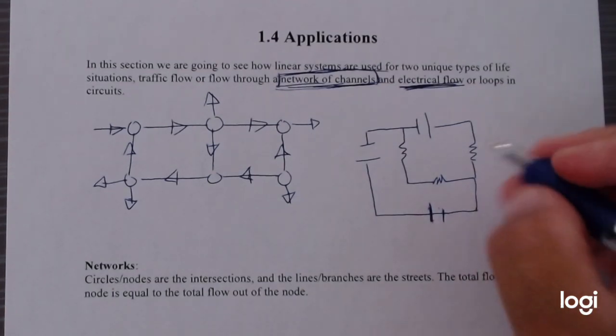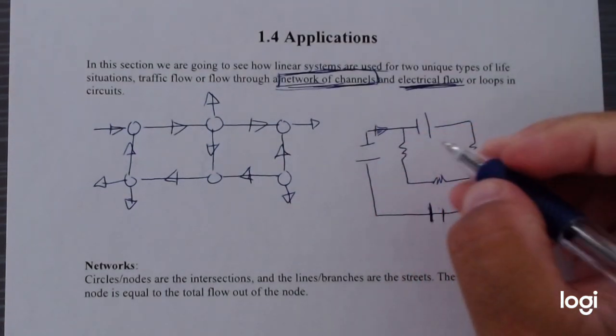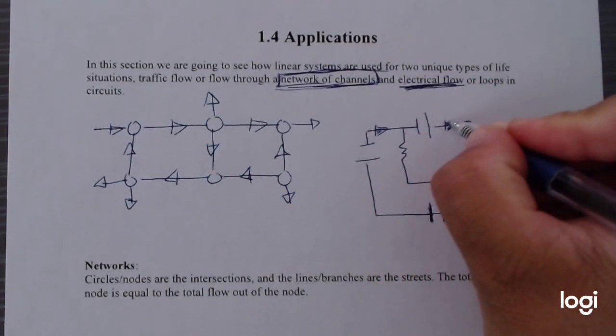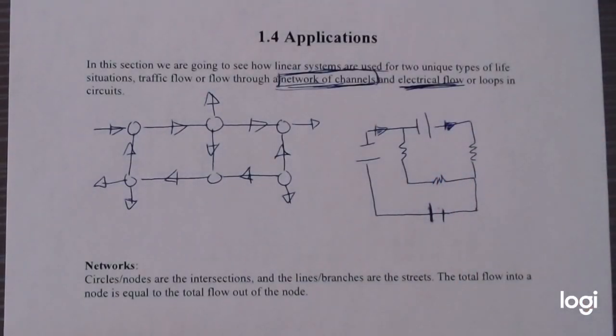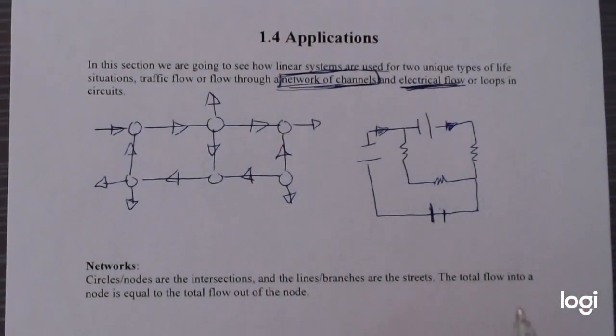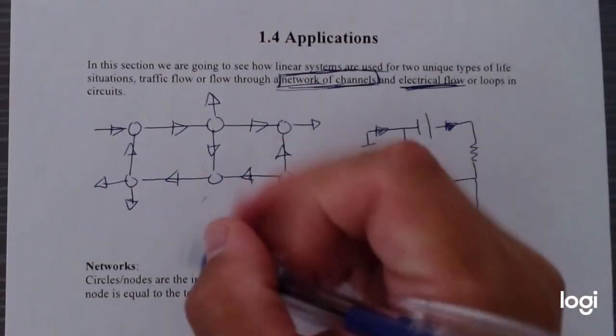So kind of like this, where you have a flow, in this case the intensity going through it. But we'll talk about that later, and the voltage and all that fun stuff. But these are the major types we're going to be dealing with. So first off, let's talk about networks.